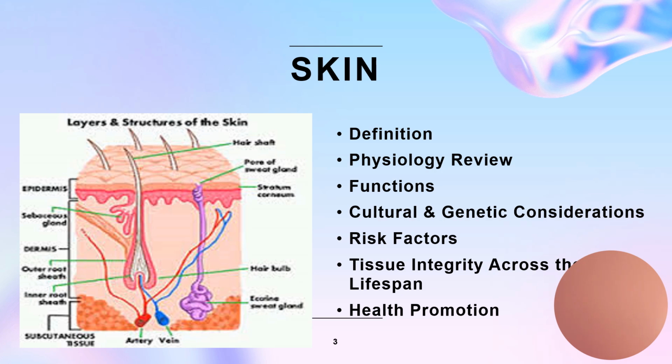So when we're looking at the melanomas, we have a mnemonic that we can use, A, B, C, D, E. A will be asymmetrical. It's not perfectly round or a perfect shape. It's going to be very asymmetrical. The borders are going to be very irregular.